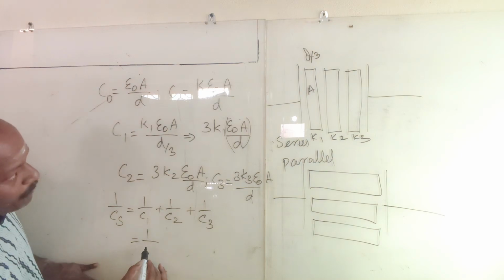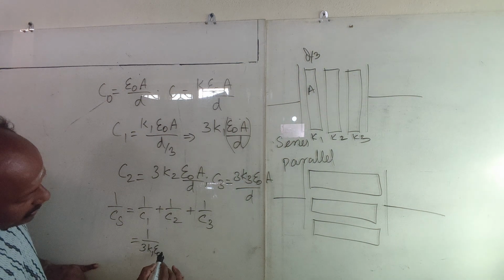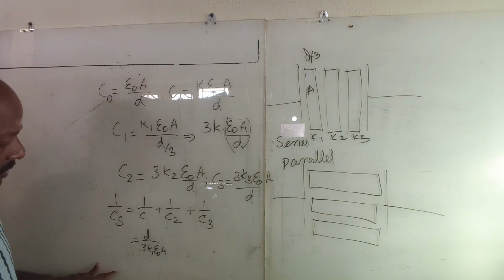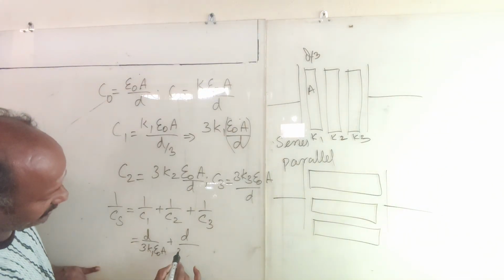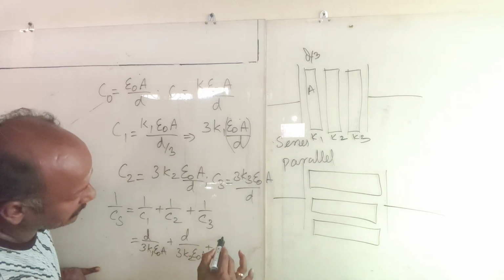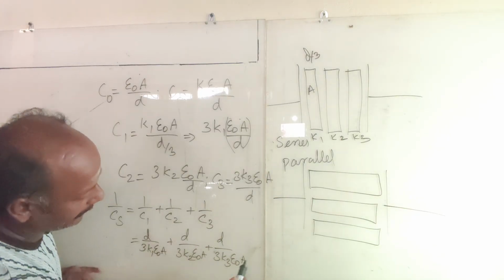So I will take D by 3 K1 epsilon naught A plus D by 3 K2 epsilon naught A plus D by 3 K3 epsilon naught A.